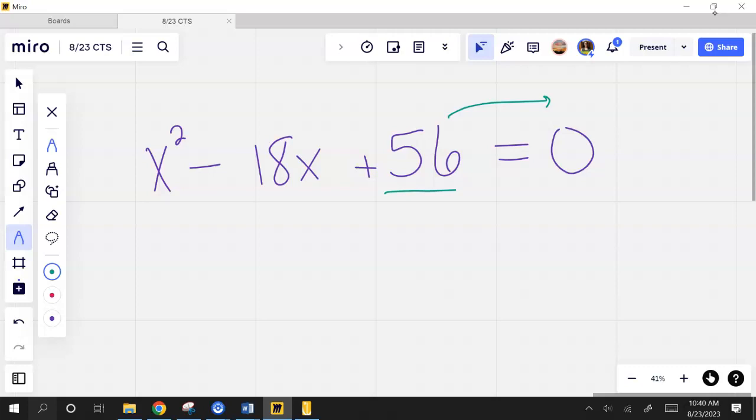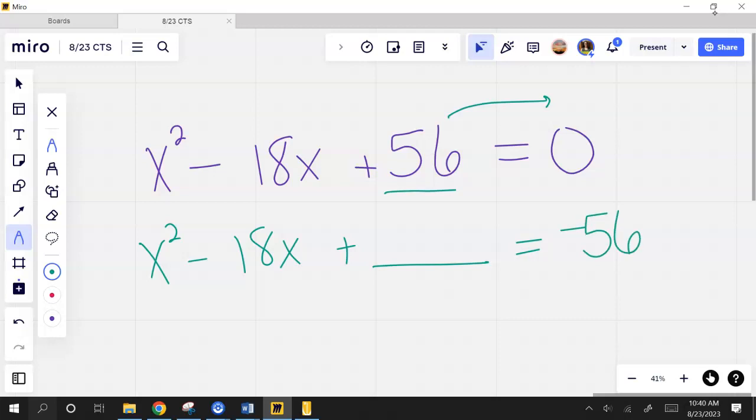But when I do, I'm going to leave a blank place to put that good C that I'm going to find that's going to make it factorable. And because it's an equation and I have to stay balanced, right? If I do something to one side, I'm going to have to come over here and do it also. Both sides.